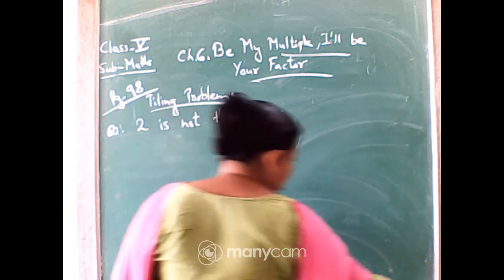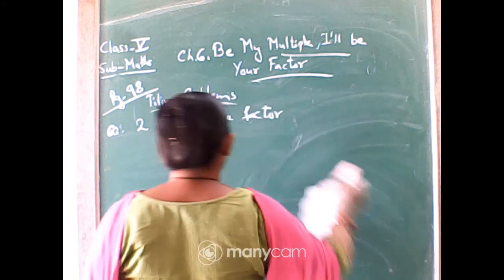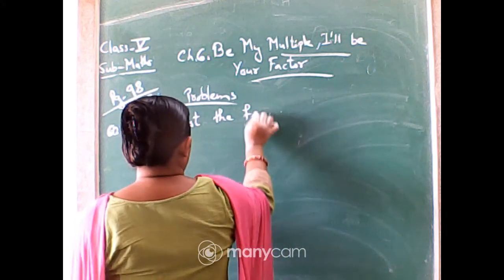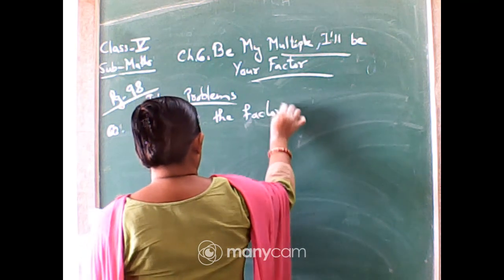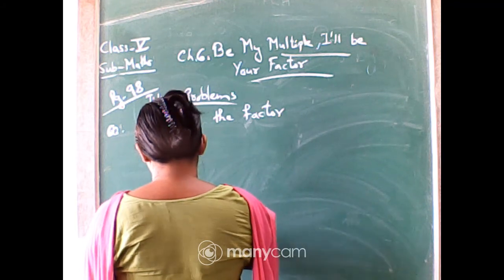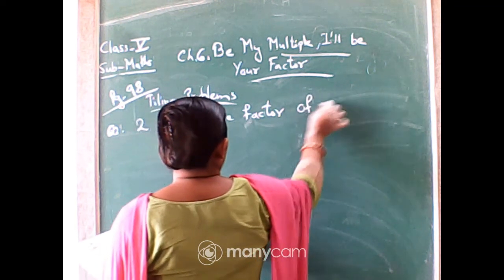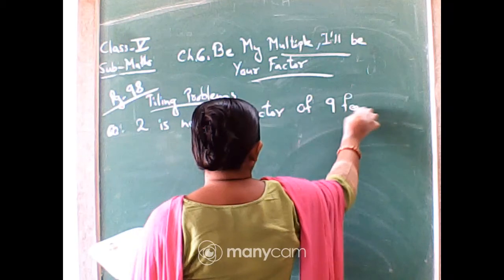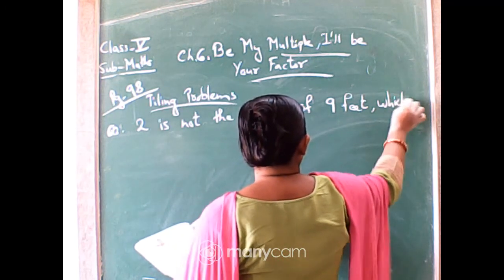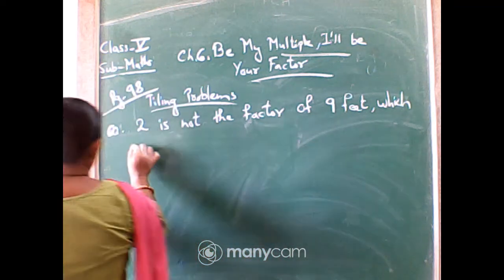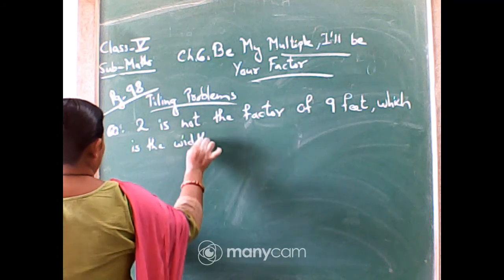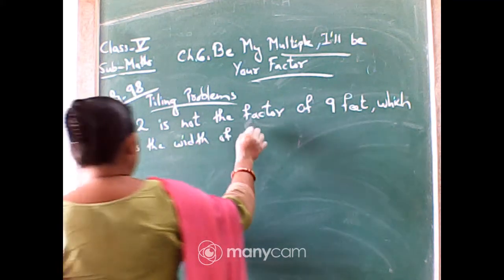Two is not the factor of 9 feet, which is the width of the room.